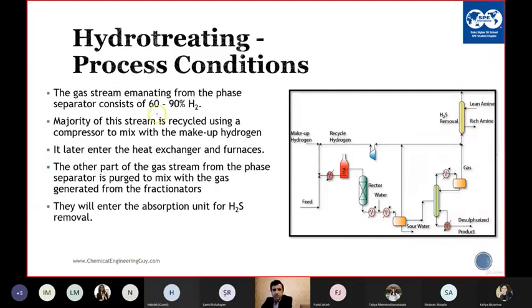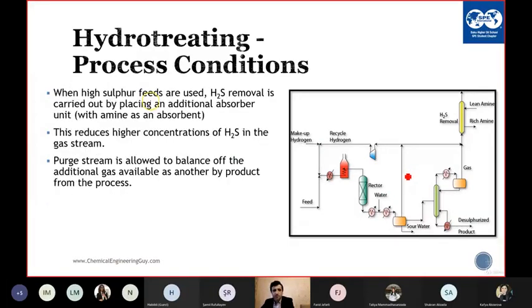The gas stream emanating from the phase separator consists of the 60-90% H2. So here the gas is mostly H2. And the majority of this stream is recycled using a compressor to mix with the makeup hydrogen. When high sulfur feeds are used, H2S removal is carried out by placing an additional absorber unit with an amine as absorbent.